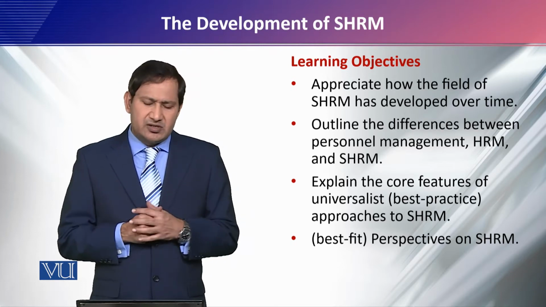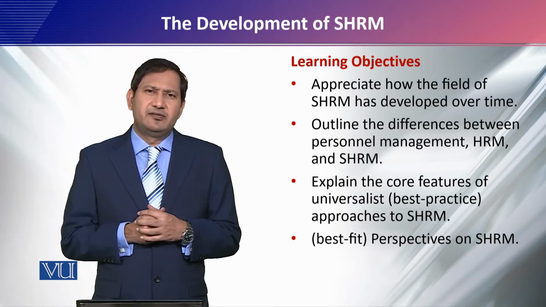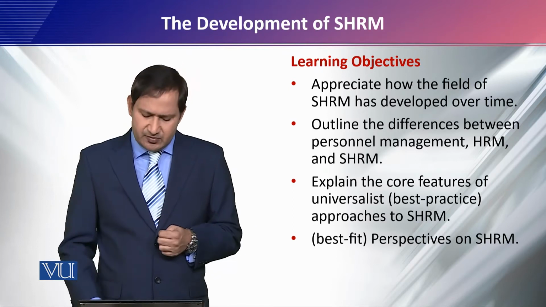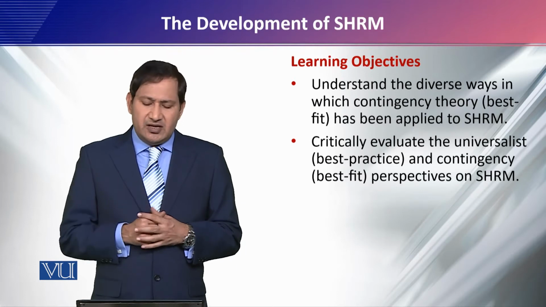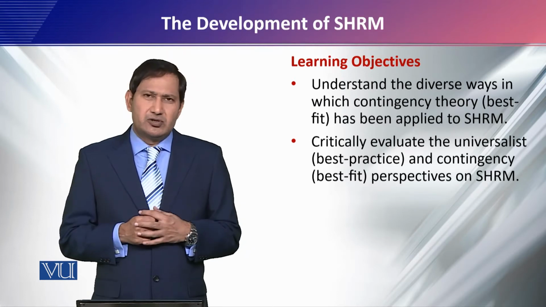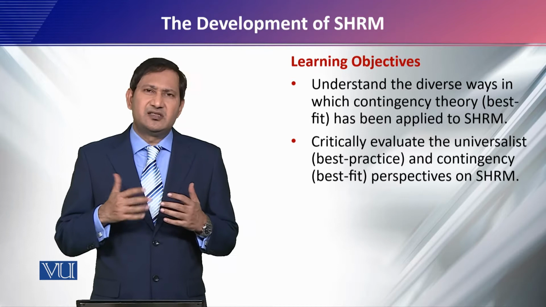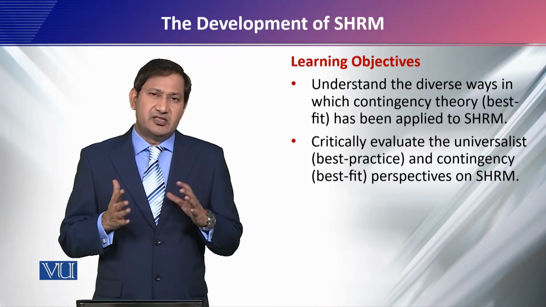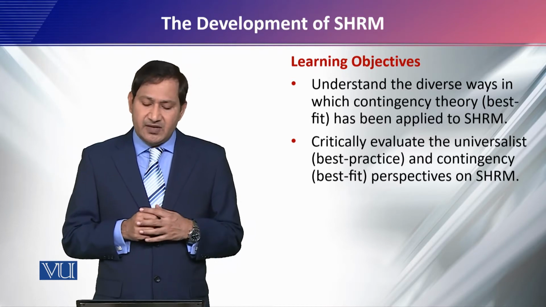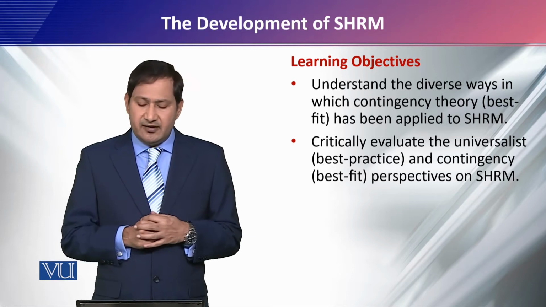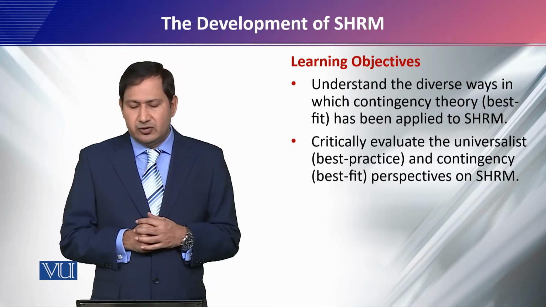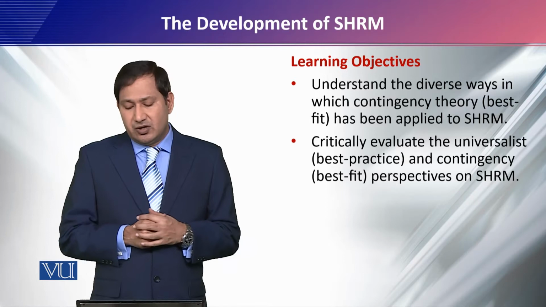We will try to understand the best fit perspective on strategic human resource management. In addition to this, we will try to understand the diverse ways in which contingency theory, which is also known as best fit, has been applied to SHRM, and critically evaluate the universalist, that is also the best practice model.